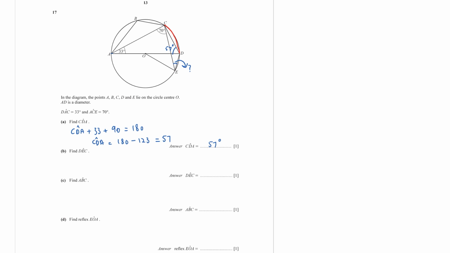But if you look at this angle here that I'm marking in green, CAD, this is also subtended by the same arc DC. So using the property that angles subtended by the same arc on the circumference of the circle are equal, angle DEC would be equal to the angle CAD. So angle DEC would be equal to 33 degrees.